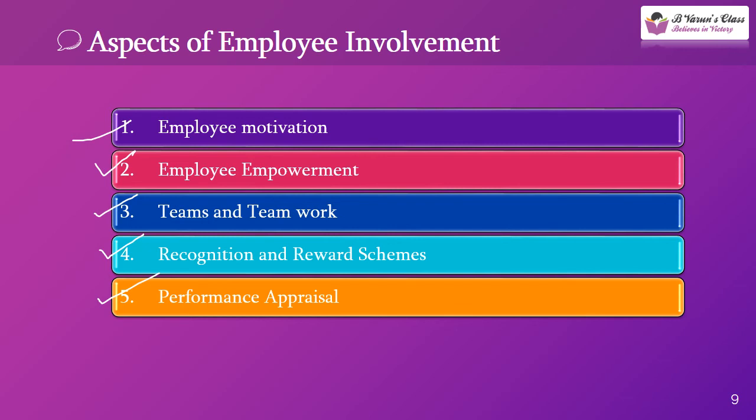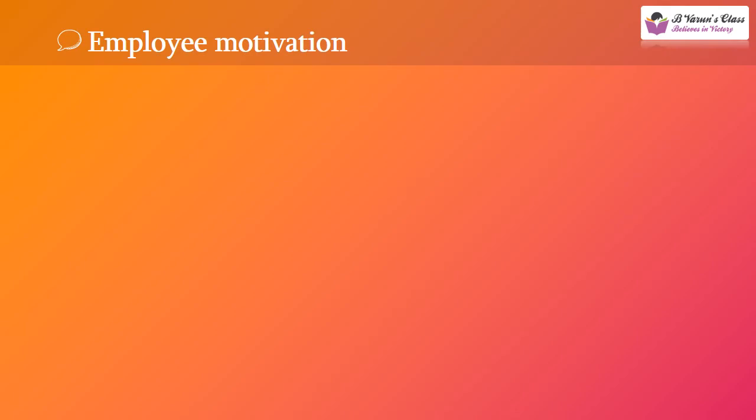So these are all the aspects of employee involvement. When we have employee involvement, we should have all these things: employee motivation, employee empowerment, teams and teamwork, recognition and reward schemes, and last one, performance appraisal.